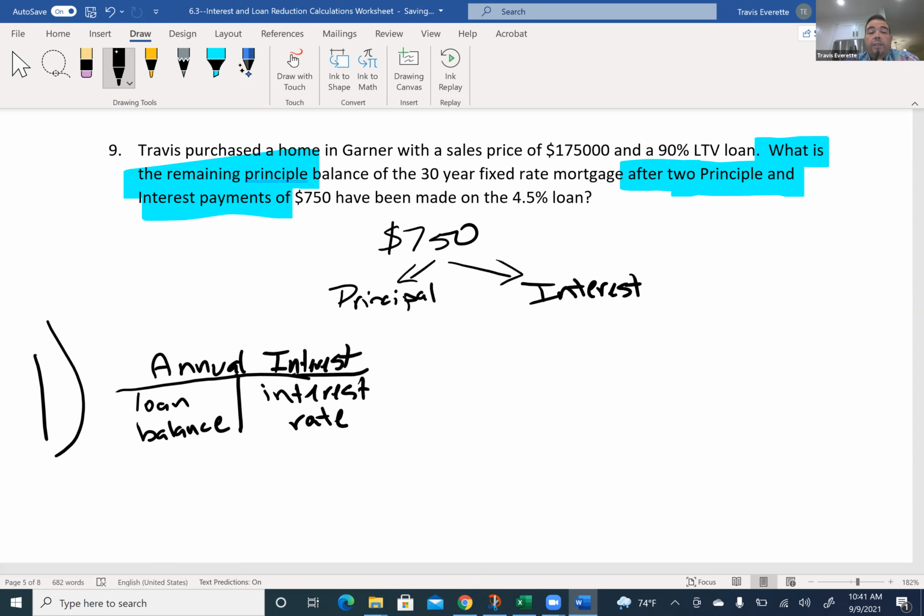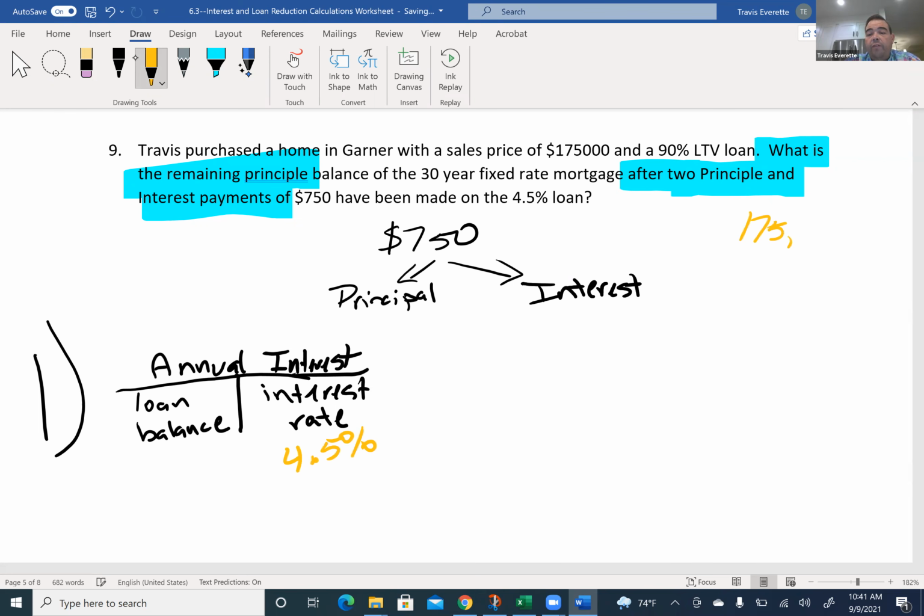So it says Travis purchased a home in Garner with a sales price of $175,000 and a 90% loan-to-value loan. They do tell us it's at 4.5% interest. But I need to know how much the loan is. So let me go over here to the side.